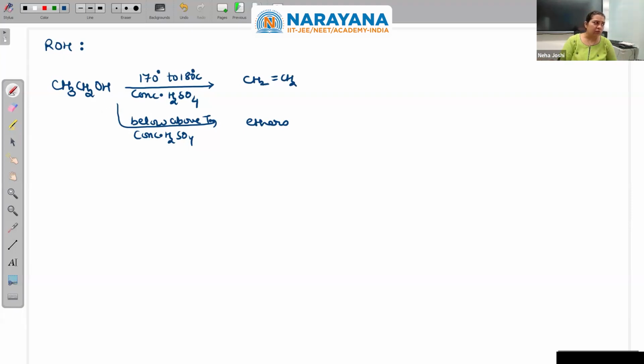Same way, of course, it is a comparison of SN1 and E1, and the elimination has to be carried out at higher temperatures. Then only the reaction takes place. Now, the point may come why we need high temperatures for elimination. See, delta G is equal to delta H minus T delta S. When I talk of elimination, definitely entropy is increasing.